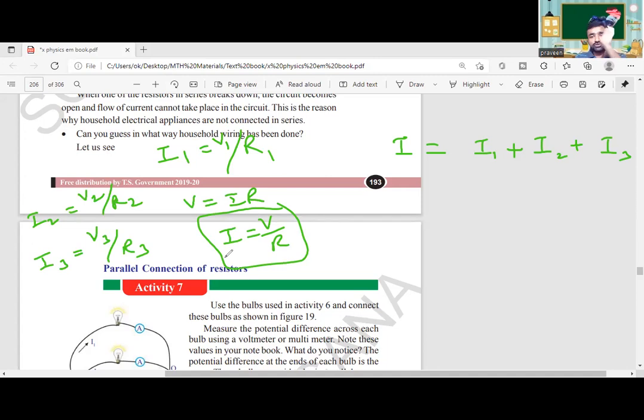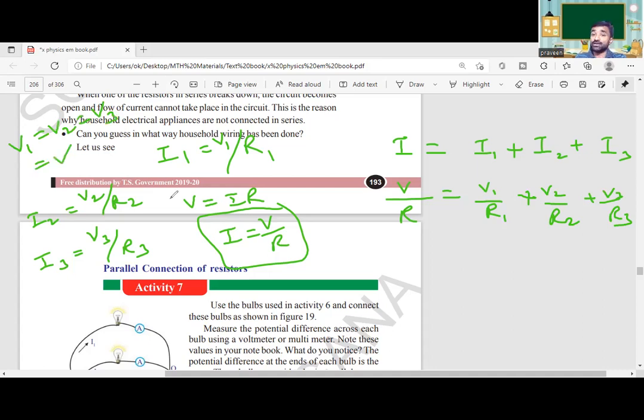Then substitute them individually: I equals V1 by R1, plus V2 by R2, plus V3 by R3. What we know is V1, V2, V3 are equal to V only. Voltage remains constant, so on the left side and right side V is common and cancelled.